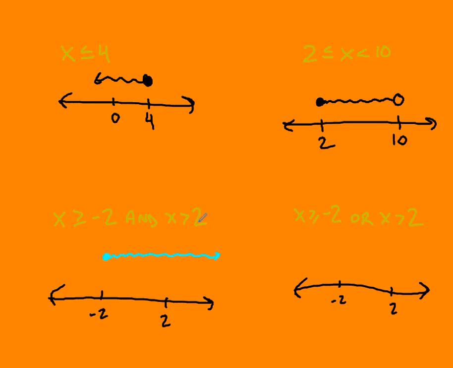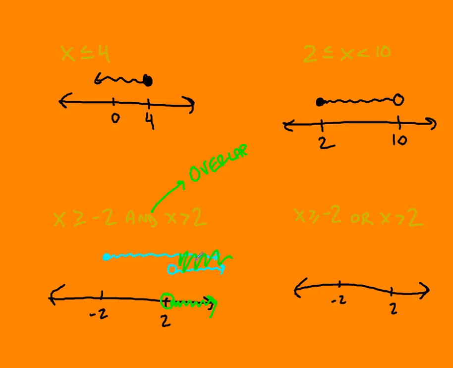I also want x is bigger than 2. So I'd be shading like this. When I see the word and, that means I'm looking for where my shading overlaps. And that means that my answer will be just this part right here. So I'm going to start at 2 and go everything bigger, because that's where I had my shading overlapping.